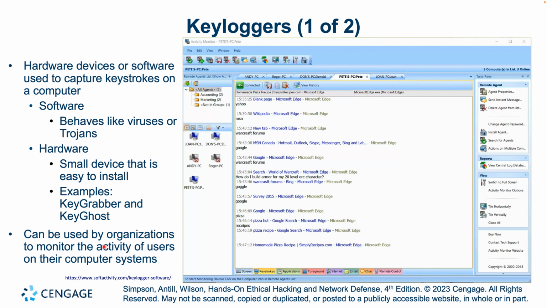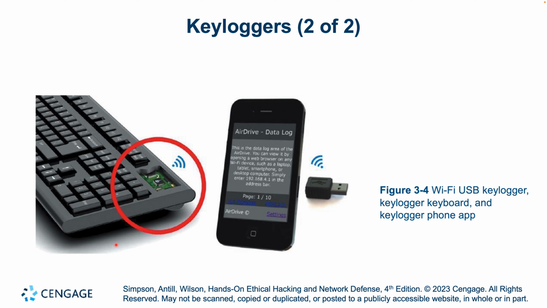Now, it still can be used by organizations to monitor the activity of users on their assigned computer systems that belong to the corporate. And this, for example, is a hardware keylogger. So this is a good example of this one.